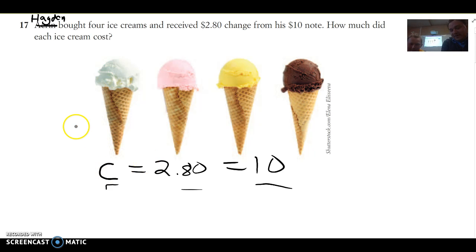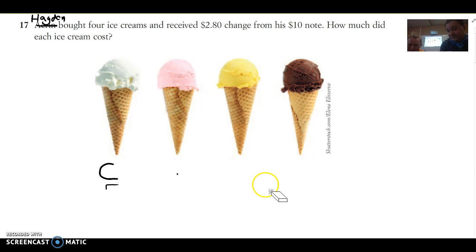But let's think about it this way. How many ice creams are there? 4. And if C is the cost of one of the ice creams, wouldn't you take the cost of one ice cream and times it by 4? Now, you gave them $10 and you got $2.80 back, right? So wouldn't the cost of the 4 ice creams plus $2.80 equal the $10 you originally gave them?